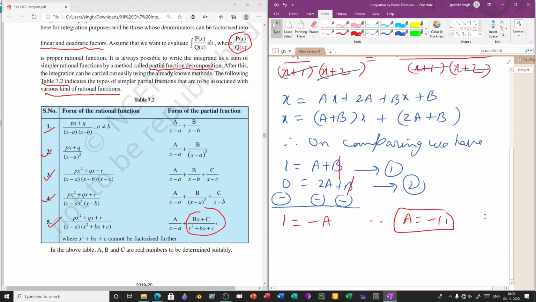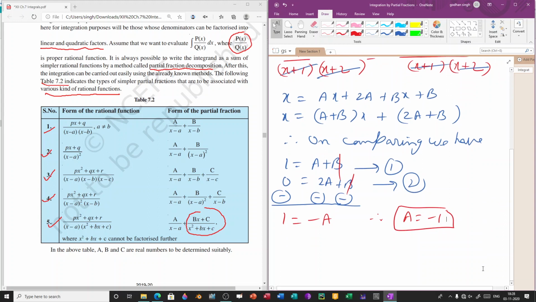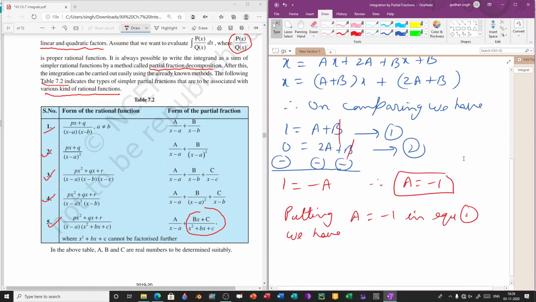Now we will put this value of a equal to minus 1 in equation number 1. So putting a equal to minus 1 in equation 1, we have, now what is equation 1? a plus b is equal to 1.